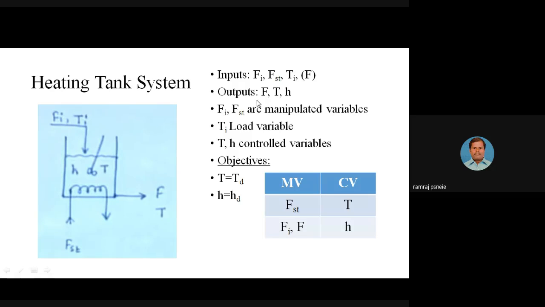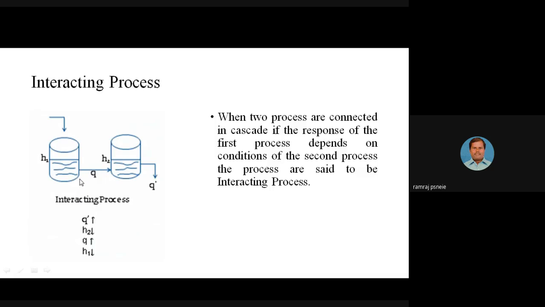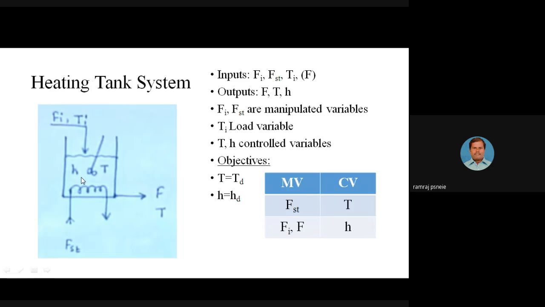Next we take outputs. The outputs are F suffix t and the height h, the liquid level. Here F suffix i and F suffix st are manipulated variables. T suffix i is your load variable. T and h are controlled variables. With this, we come to the end of our session.